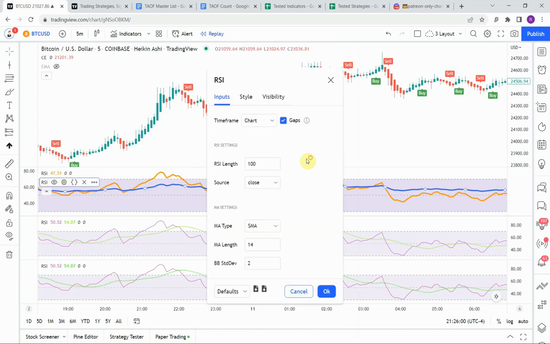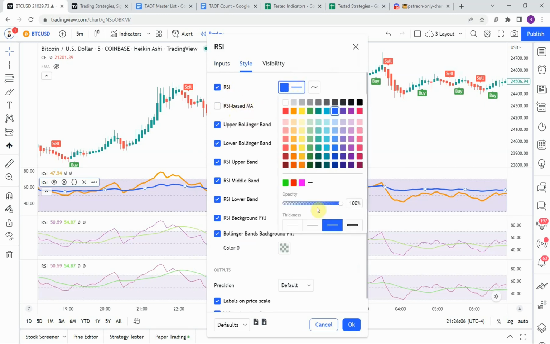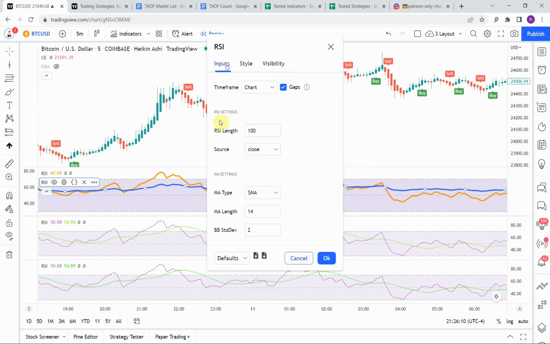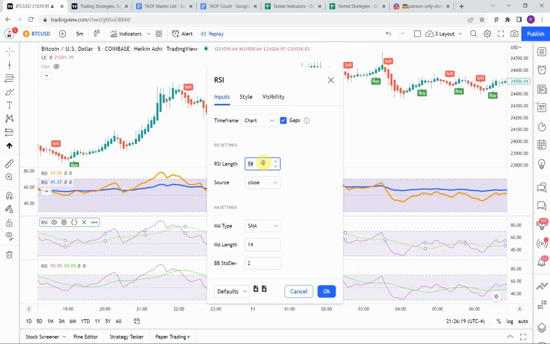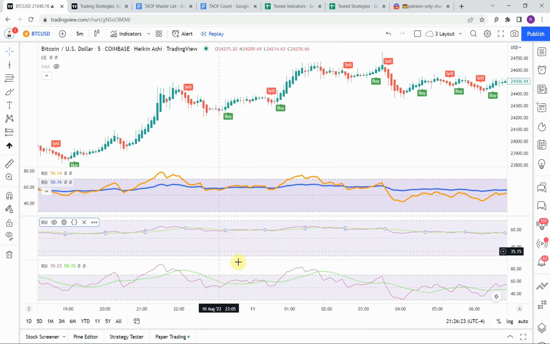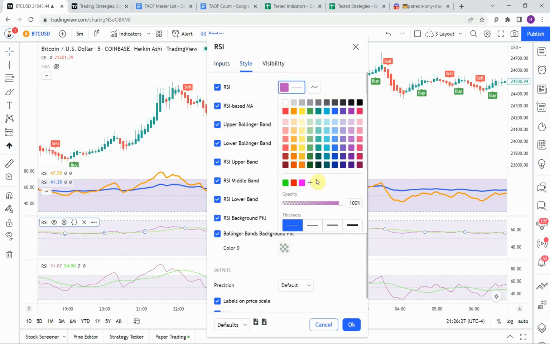On the other one, you're going to change the style exactly the same, turn off the based MA, and you can change the color of the RSI line and bump up the weight of it a little bit, and the input is going to be changed to 100 right there. Once you do that, just for the sake of making these a little bit different, let's change these.